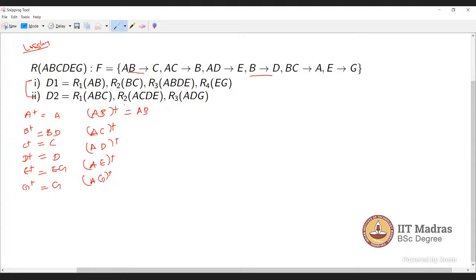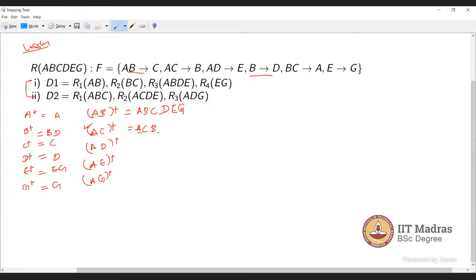From AB we can get C, and from AC we can get B. From B I can get D, and from AD I can get E, and from E I can get G. So AB is my candidate key here because from AB I can get all the attributes. Then let us check AC. From AC, I get B, and from AB I will get all the attributes. So this is also a candidate key.